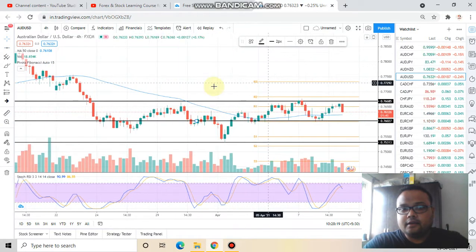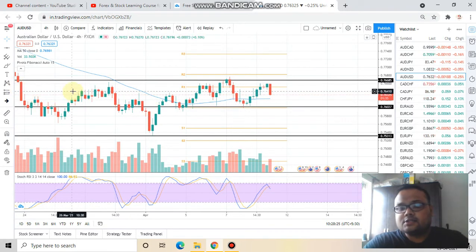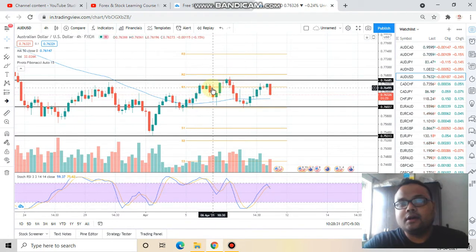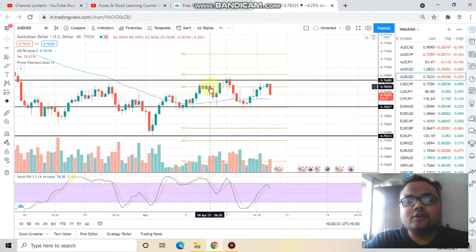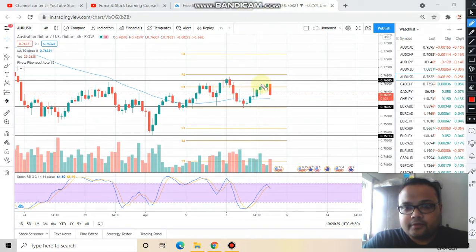If you just concentrate on this part, then you can easily tell that market is not having proper direction. Market is consolidating, market is in a tight range, and in a range bound market like this, the strategy is always simple: buy above support, sell below resistance. So right now if you have shorted the market, then you're in a profit.